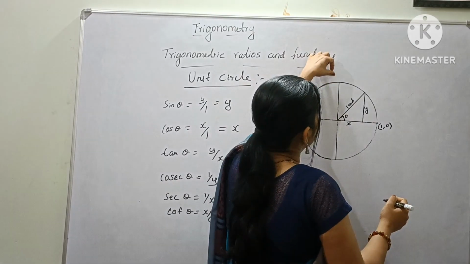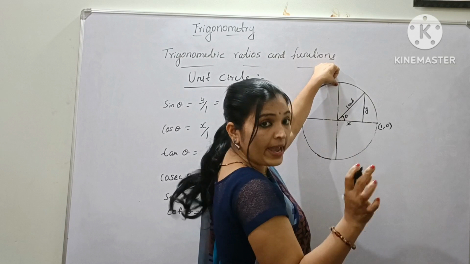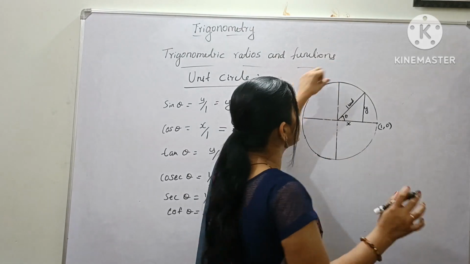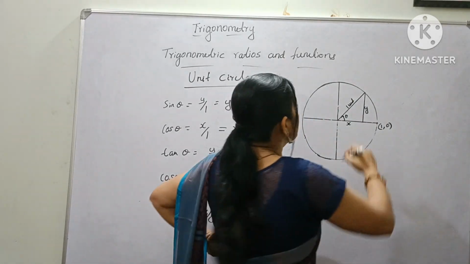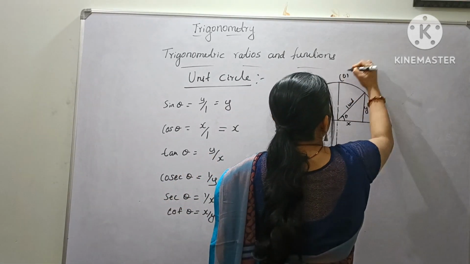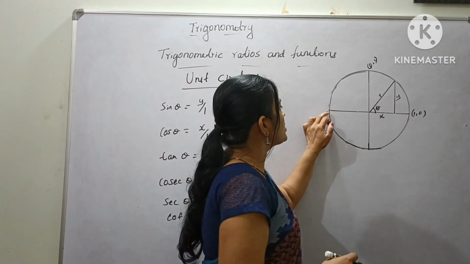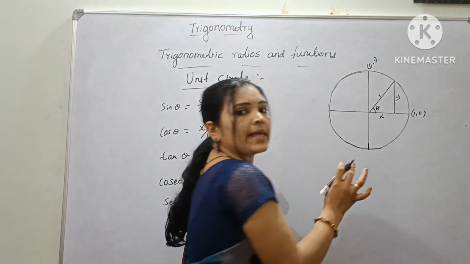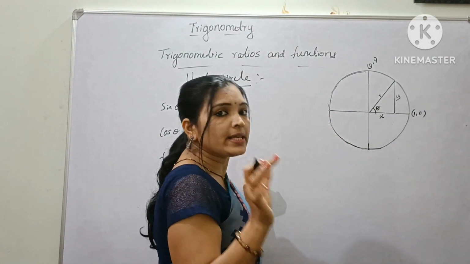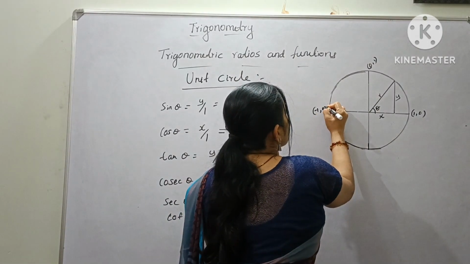Next, this is a point on the y-axis, so the x value is 0. So 0, 1. What is this point? This point is on the negative x-axis, and the radius is 1 unit, so this point is nothing but -1, 0.